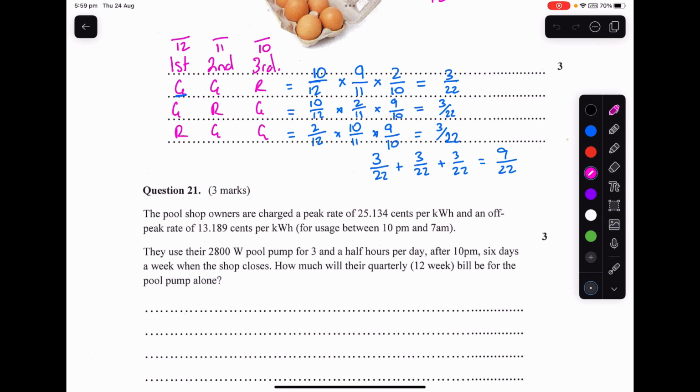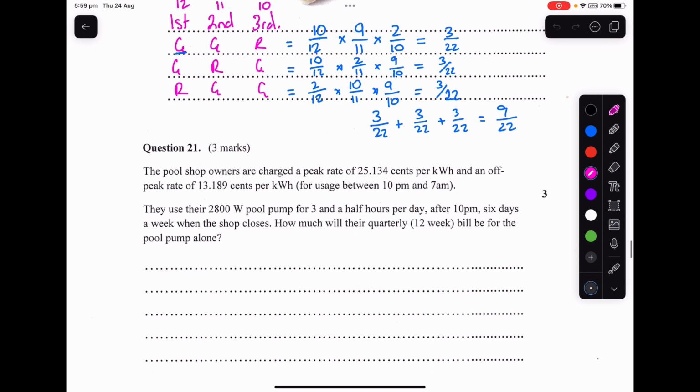Okay, question 21. The pool shop owners are charged a peak rate of 25.134 cents per kilowatt hour and an off-peak rate of 13.189 cents per kilowatt hour for usage between 10 p.m. and 7 a.m. They use their 2,800 watt pool pump for 3.5 hours per day after 10 p.m., 6 days a week when the shop closes.